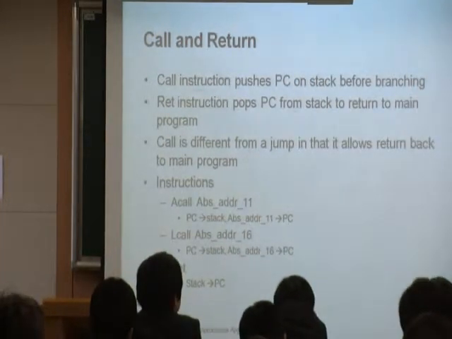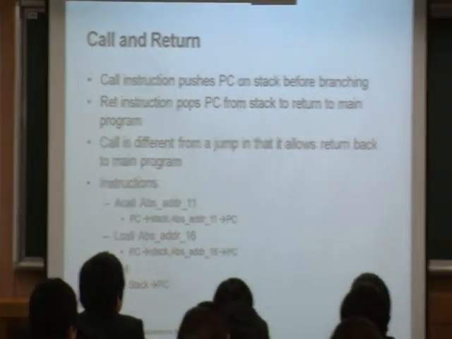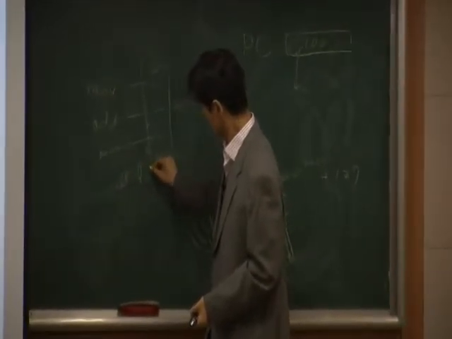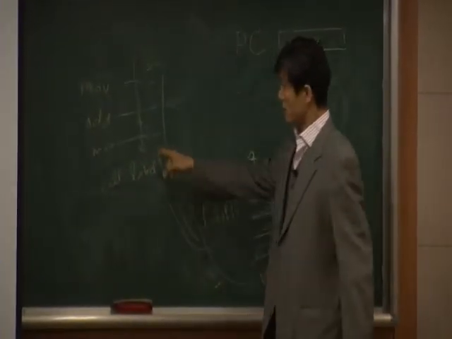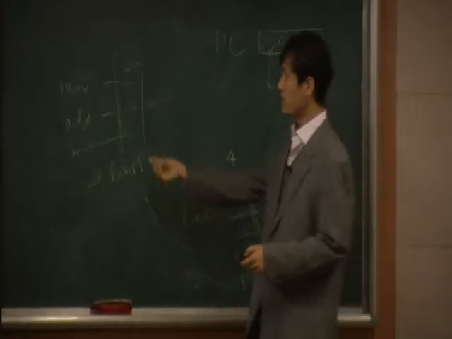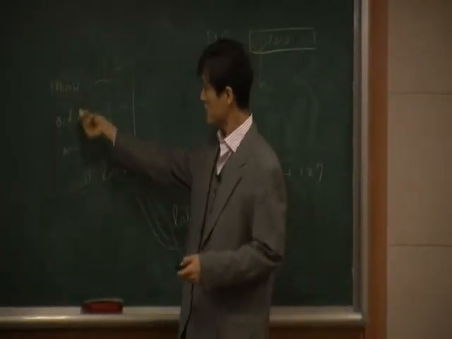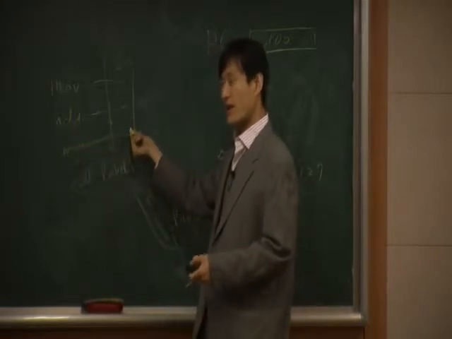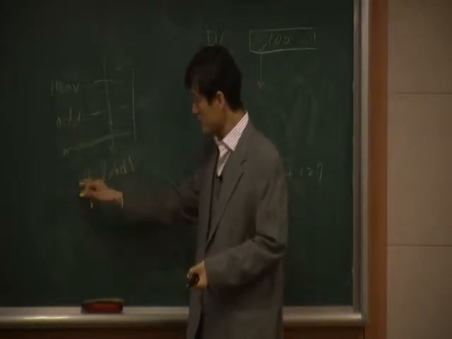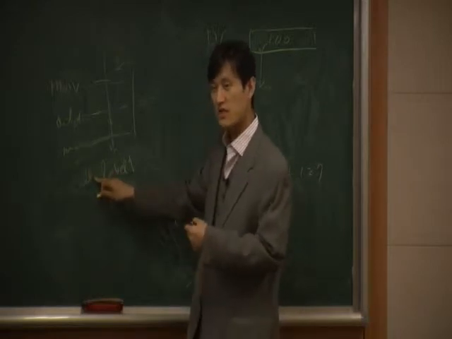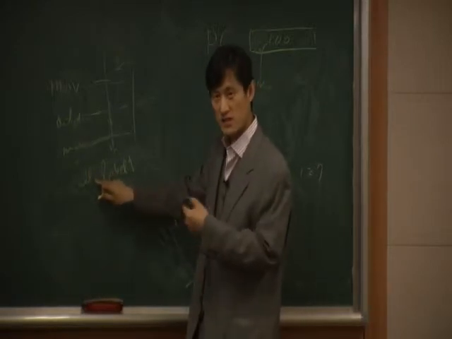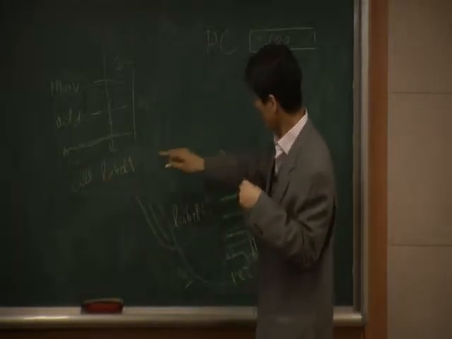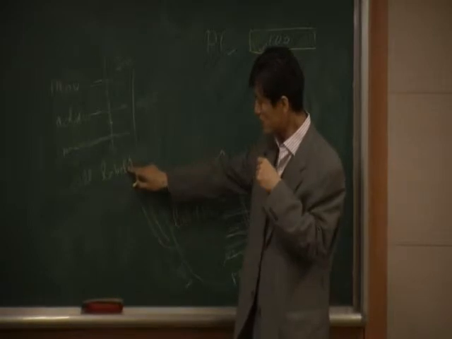Now then, come here. Now this is my program. I execute this line, this instruction, and this instruction, and this instruction. And then I'm going to execute this instruction, which means that I have already fetched it, and now I'm trying to execute it.